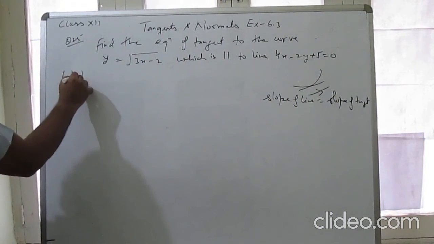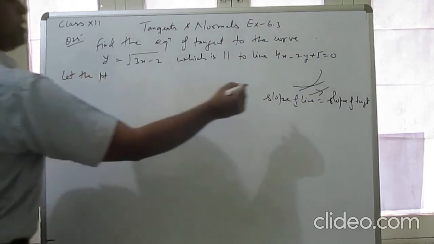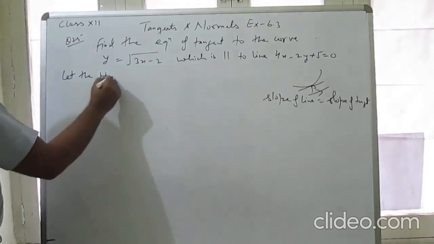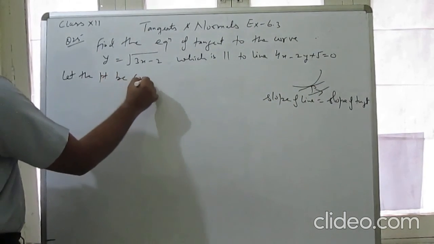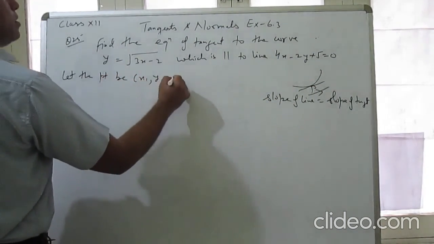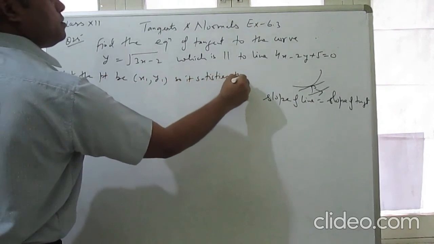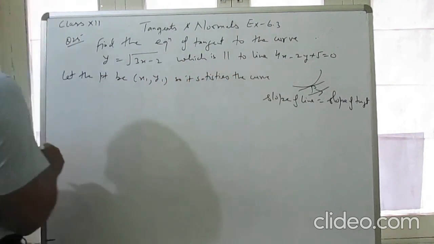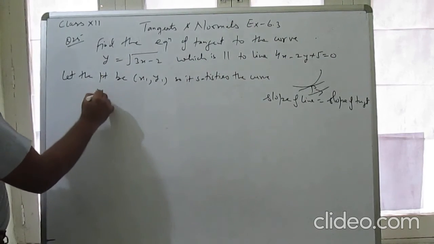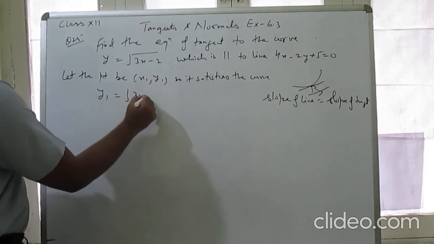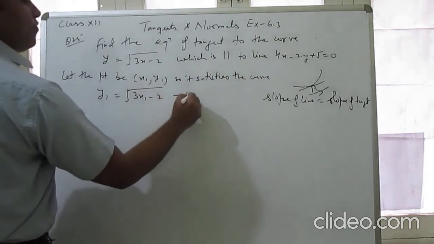So let the point be, this point, let the point be x1, y1, so it satisfies the curve. So y1 is equal to under root 3x1 minus 2, equation 1.